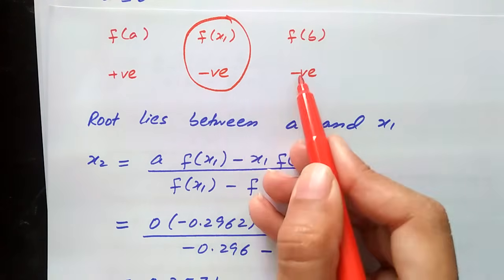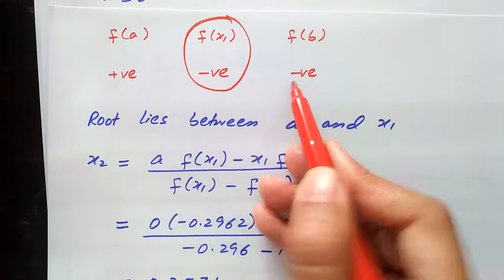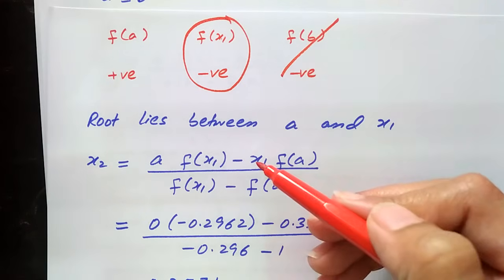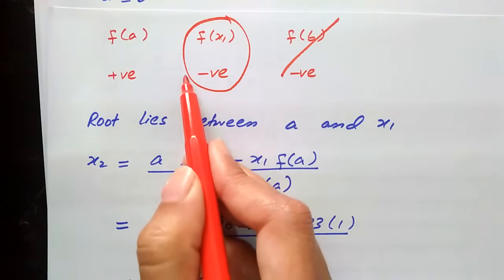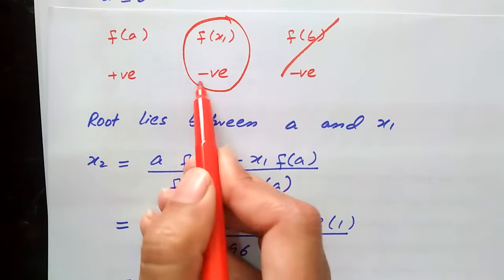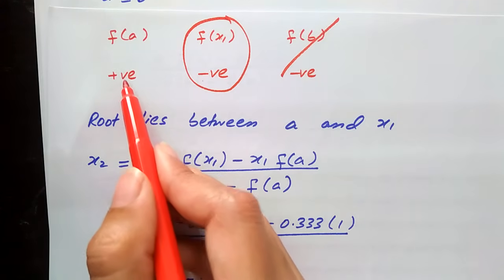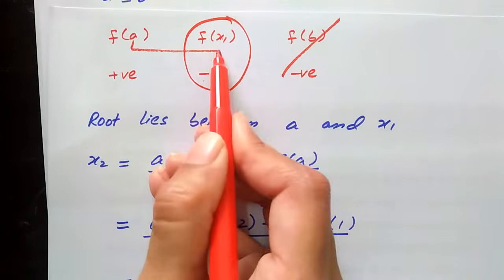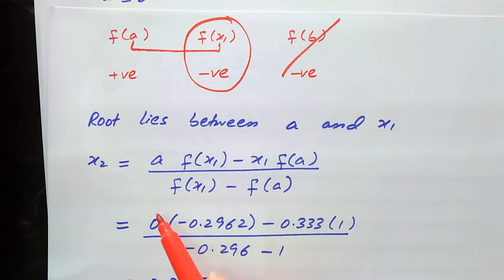When we move toward b, we have the same behavior, so we will not take this side. Moving to its left-hand side, we see the function's behavior changes from negative to positive. So this means our root lies between a and x1.